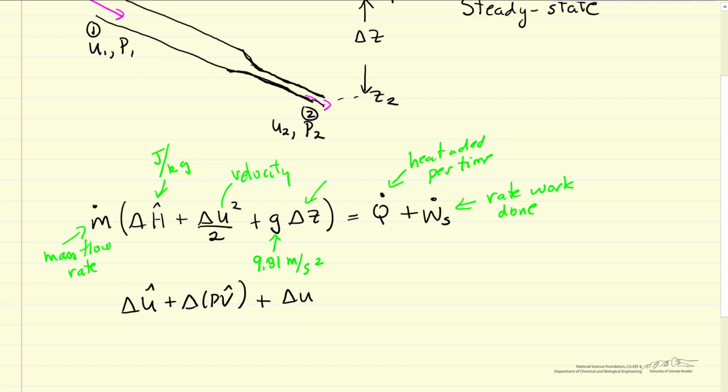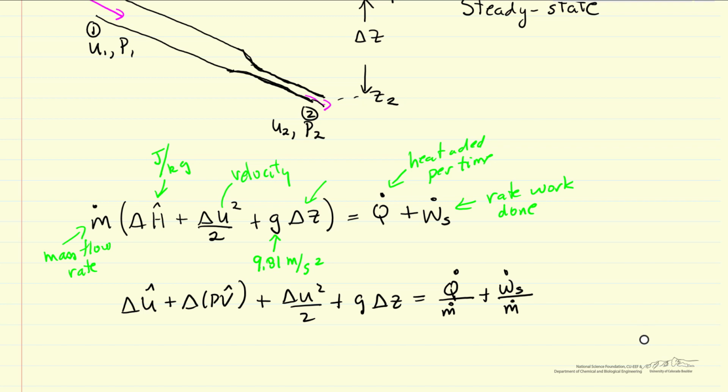The delta U squared over 2 and g delta Z terms have the same form. But on the right side I have Q dot over M dot, and I have shaft work divided by M dot. So now we'll make some simplifications, and they're important parts of this mechanical energy balance.